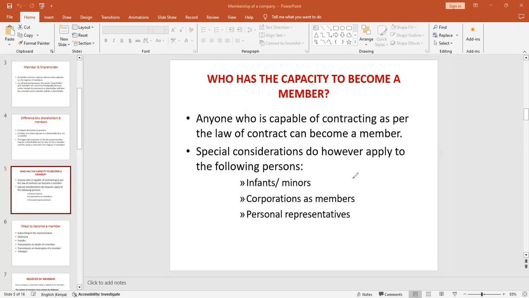Well, unless otherwise stated, anybody who can contract can buy shares in a company, unless there are some restrictions. Restrictions could be things like which country you're from, how old you are, or the number of shares you're allowed to buy. If those things are not there, then it's fairly straightforward, anybody.